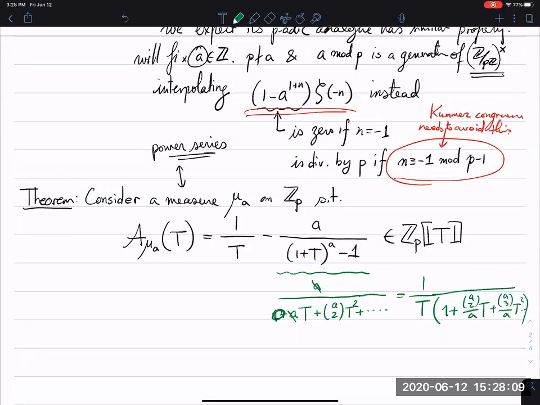And then you can do a Taylor expansion, or geometric series. So this is going to be 1 minus this thing, and then plus the same thing squared, and then go on forever.